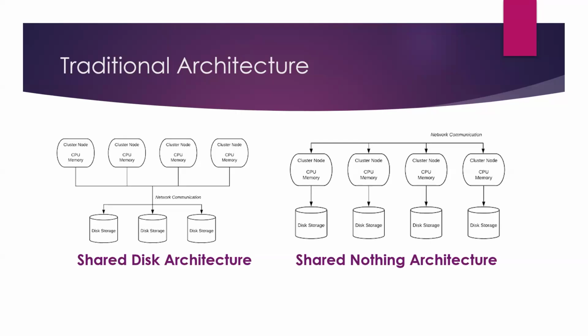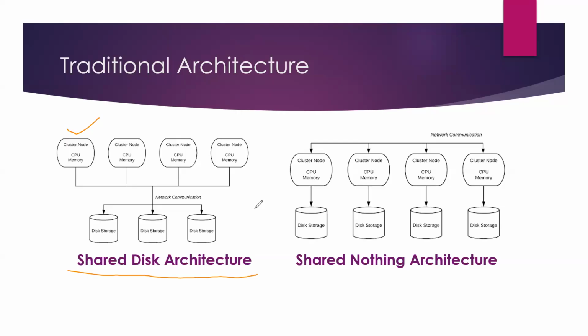Now we'll understand what the shared disk architecture is. If you consider this as one cluster, a cluster is nothing but a group of nodes. A node is a machine which has the processing power, which is CPU and memory.